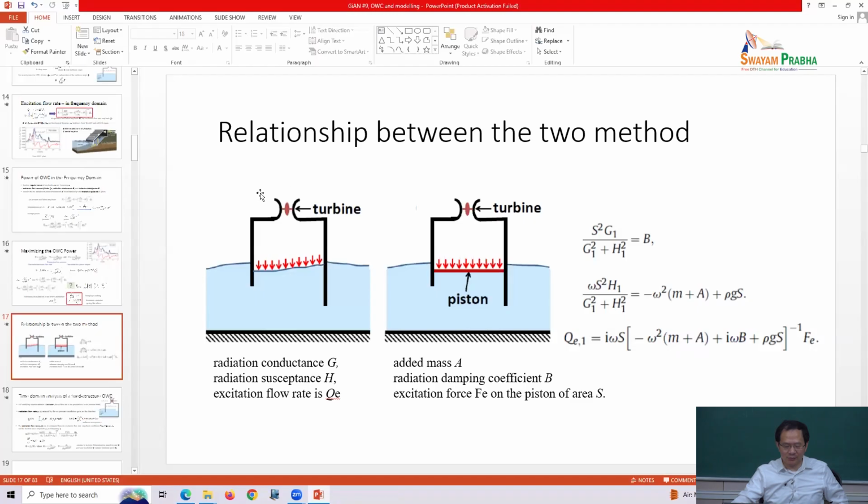The energy in the air chamber drives the turbine, right? I said the turbine efficiency can be 50, 60, or 70% from here, but there is energy loss here, right? Overall, such efficiency, the wave-to-wire efficiency, is not that high. Some reports show 40%. Mostly it is much smaller than that.